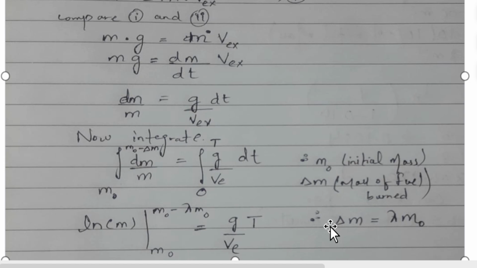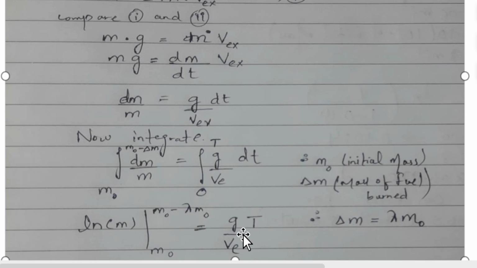And this delta M must be equal to lambda M0, which is the limit of its burned fuel. So this is the limit; from the initial mass M0 to M0 minus delta M, and delta M is always equal to lambda M0.